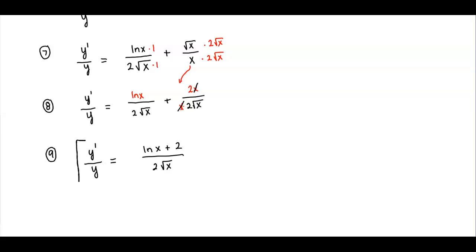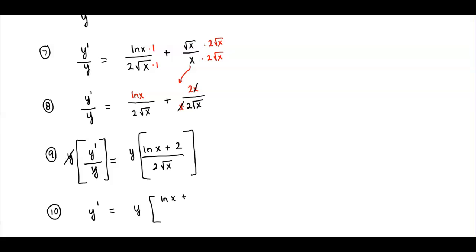And now what we're going to do is we're going to multiply both sides by y. So we have y prime, which is equal to y times the natural log of x plus 2 over 2 times the square root of x.